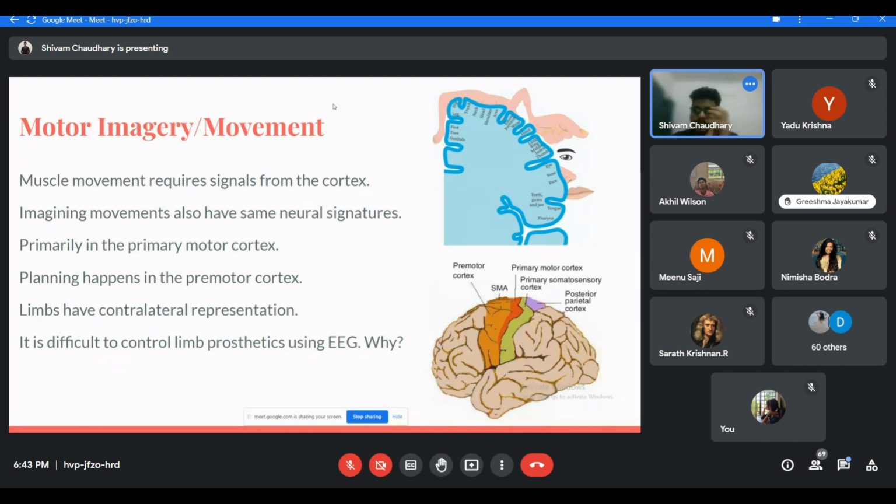So when that signal reaches the EEG, it's all jumbled up, converged and mixed, so you can't distinguish it. You'll know this part of the brain controls leg movement, but you won't be able to distinguish it using EEG.